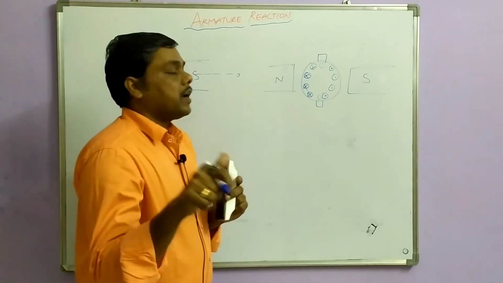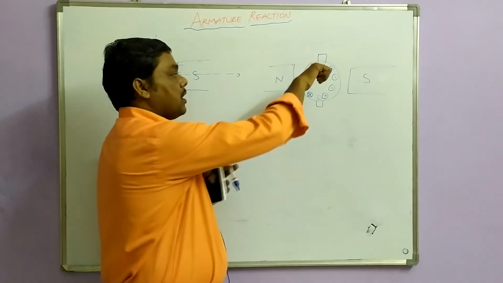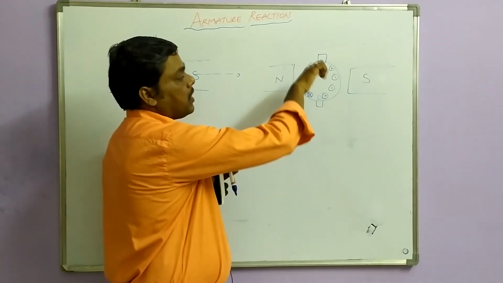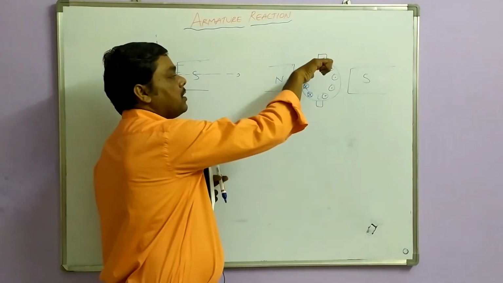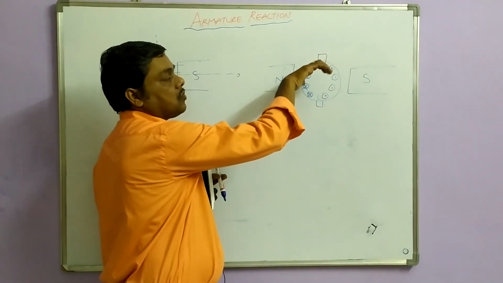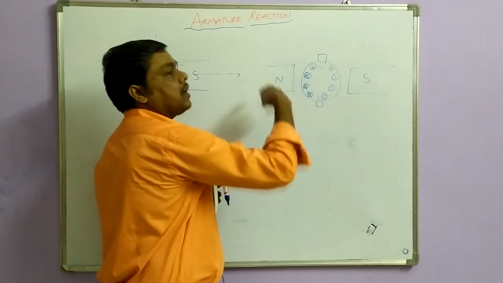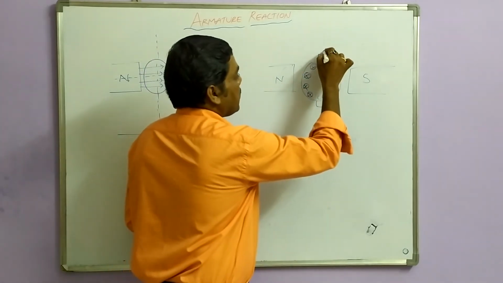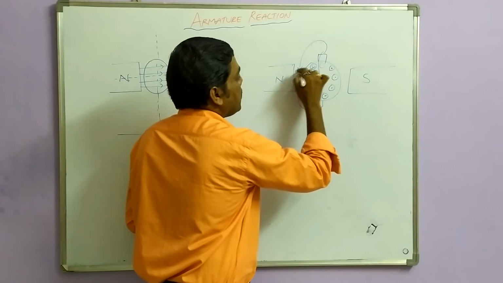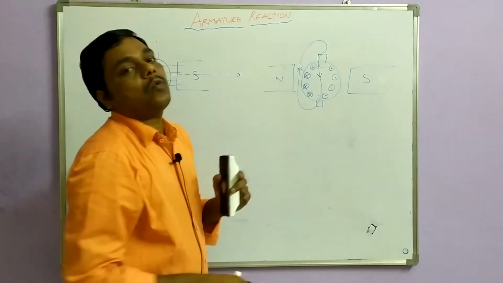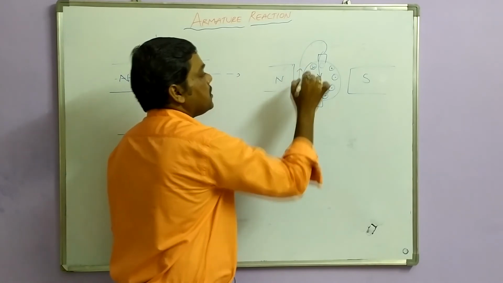We already know the right-hand thumb rule. You simply place the right-hand thumb here, and the curled fingers indicate the direction of the magnetic field. So I am placing the thumb here. What is the direction of the fingers? The curled fingers rotate in the clockwise direction. So the direction of the magnetic field is downwards on this side, and on this side the direction is upwards.